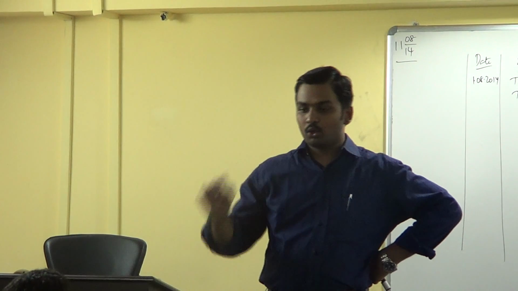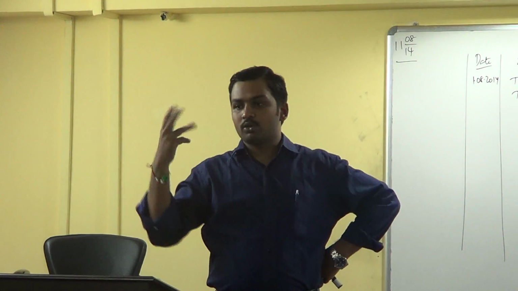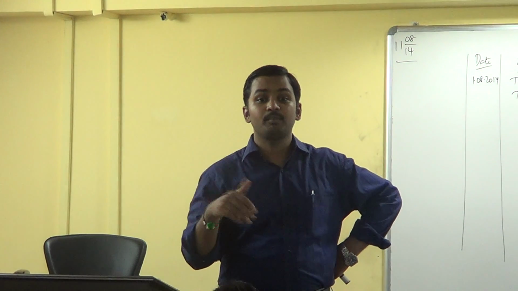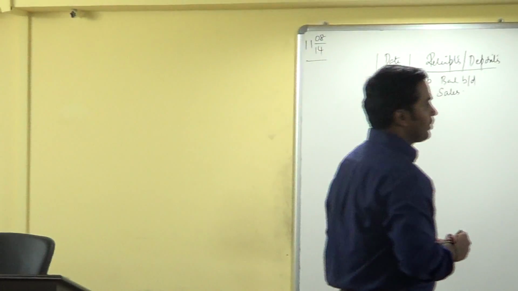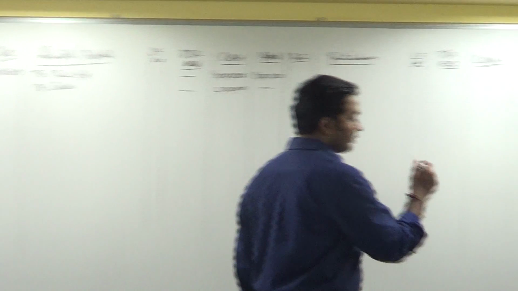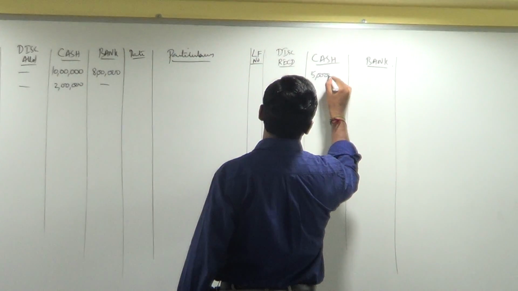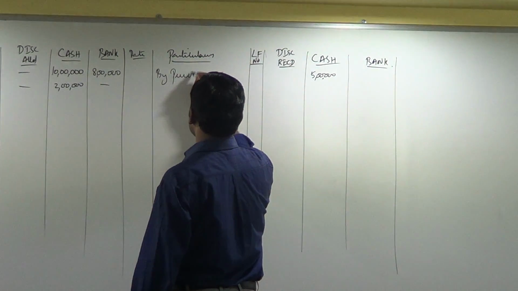Purchases account debit to cash account. In cash account we should write by purchases, but no need of thinking about the entry. Classify it into a receipt or a payment. What is it? Payment. So you have to record it on the payment side. What payment? Cash payment or bank payment? Cash payment. How much? 5 lakh. So right here, by purchases.